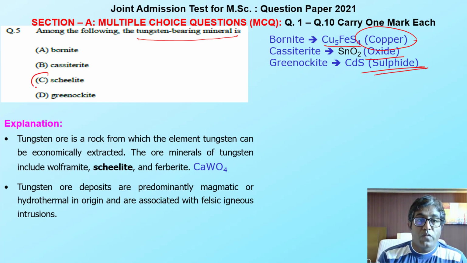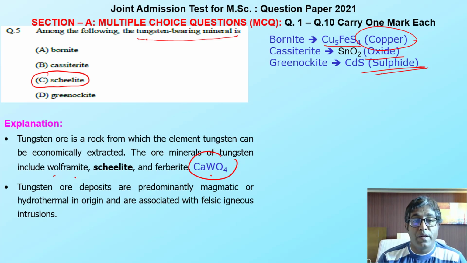So what I am left with is scheelite, whose formula is CaWO4, so it will serve as a tungsten bearing mineral. Apart from that, you also have wolframite and ferberite as tungsten minerals, where you can extract tungsten from that type of mineral.